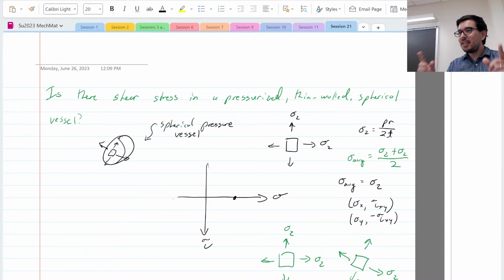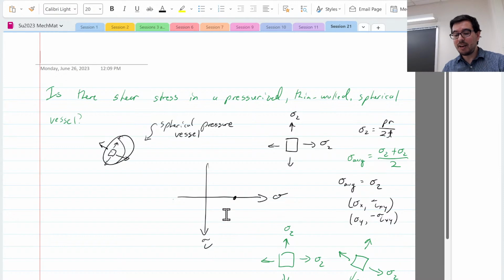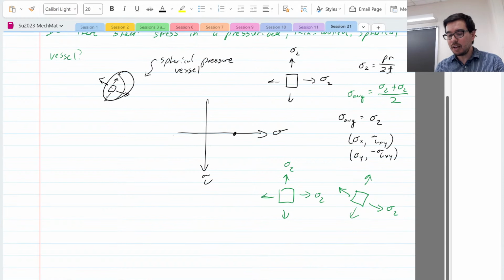The max in-plane shear is 0, and we said it's a dot. But after our discussion yesterday, the out-of-plane absolute max shear is not 0, and I wanted to point that out because I think I glossed over that a little too quickly.